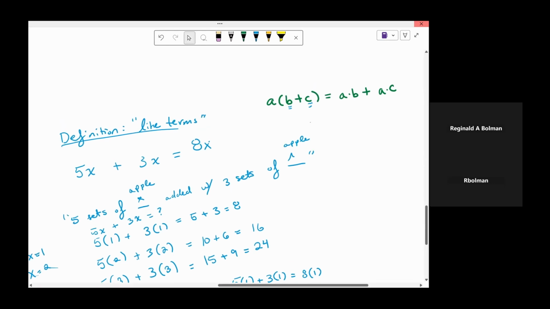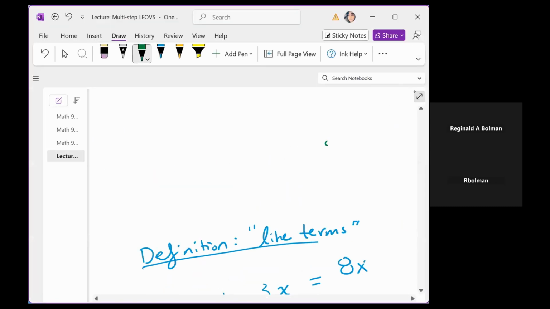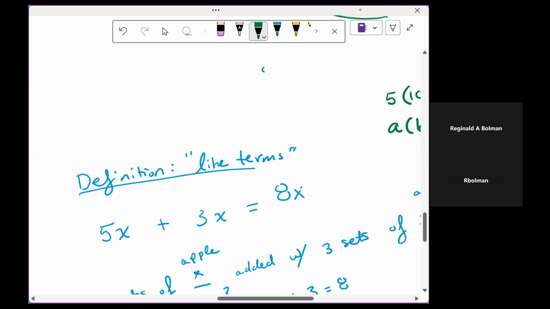Now, the reason this works from a math perspective is that suppose you have a case such as 5 times 10. Well, 5 times 10, I hope everyone would agree, is equal to 50.